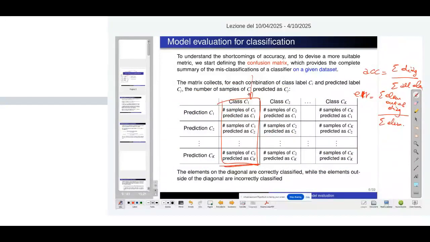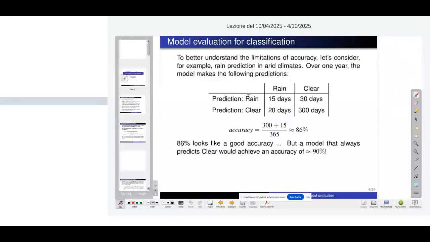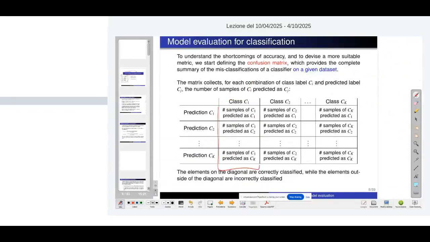So I can compute additional information, for example, the number of errors that I make for samples of each class on its own. So I can consider, for example, class C1 and ask myself, if I restrict myself to samples of C1, how many times I get the correct answer for those samples and how many times I get it wrong? Well, the number of samples of C1 is the sum of the column.